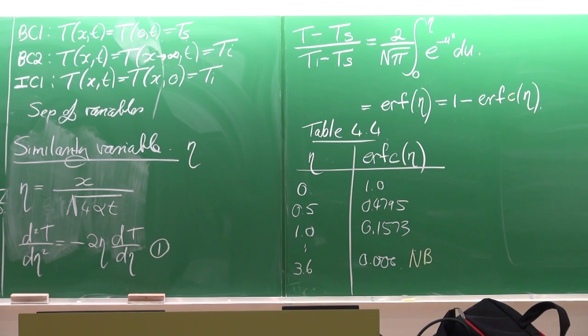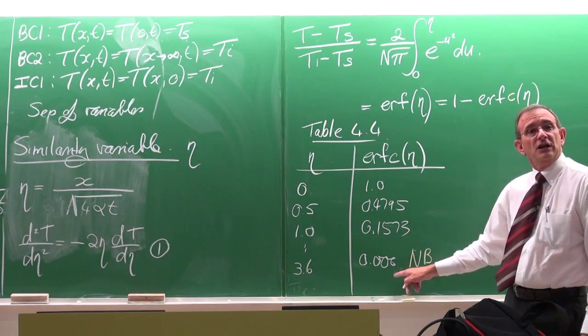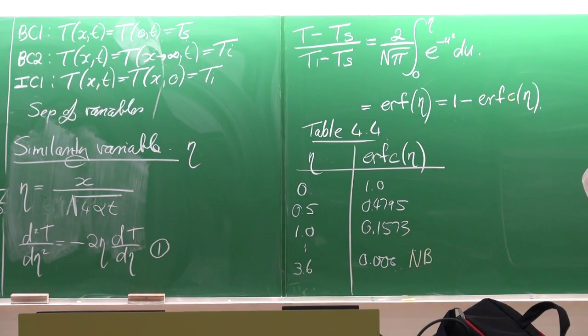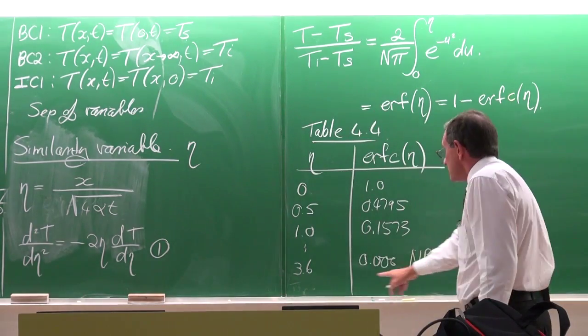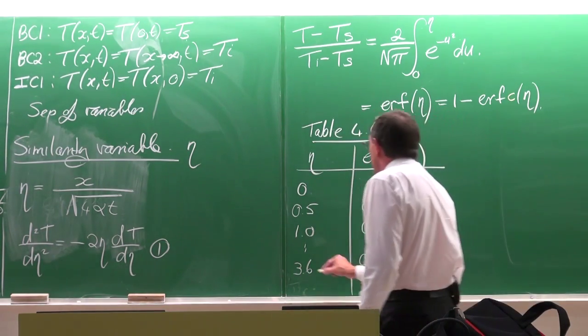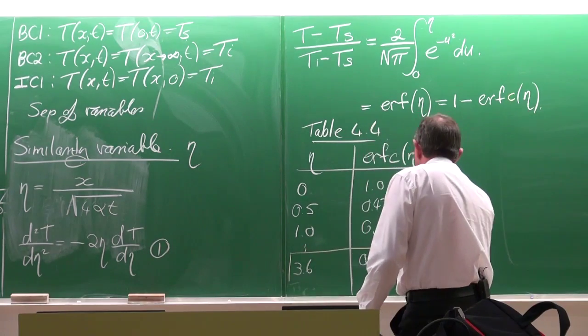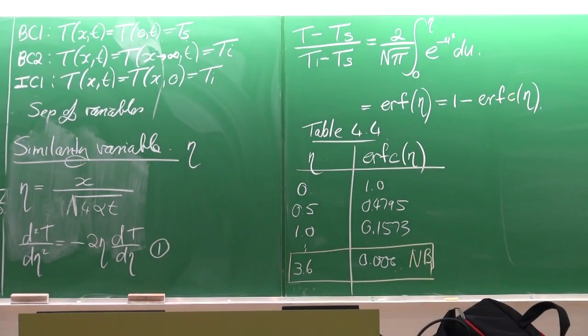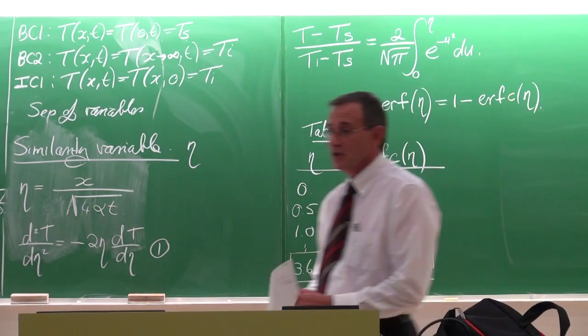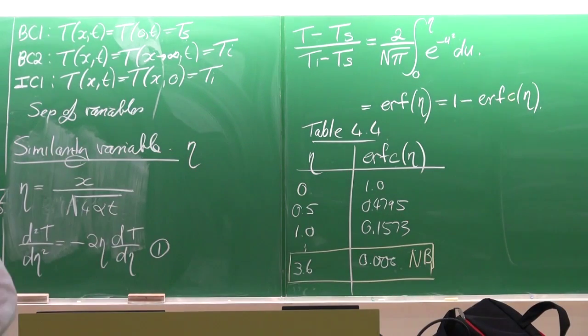If you've got a very large value, it is going to help you to know that that term, which is going to be a long term in your equation, is equal to 0. And it's going to save you a lot of time. So take note of this very important thing. If eta becomes large, then the complementary error function is equal to 0. It's really going to help you a lot.